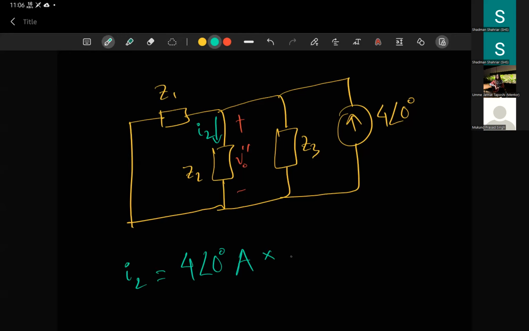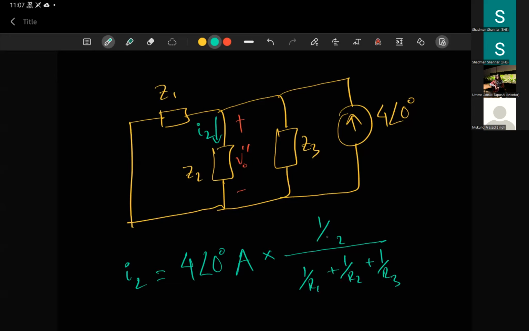That is Z1, Z2, Z3. But the only different part is that these are all inverted, 1 by Z1 plus 1 by Z2, just like in parallel connection, okay? All of the resistors or inductors will be inverted. This is actually true for even resistors, okay? 1 by R1, 1 by R2, 1 by R3, okay?